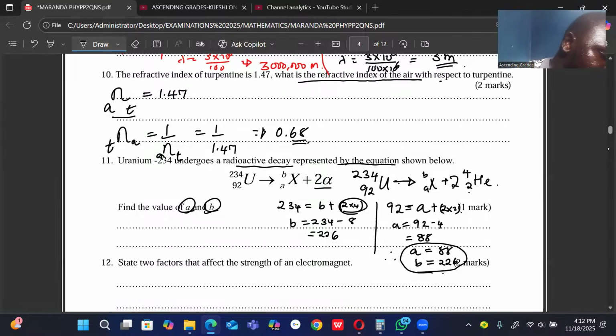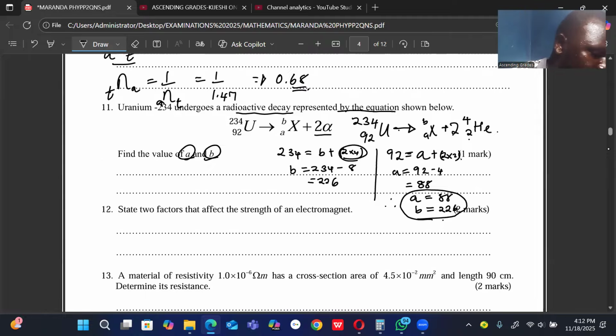State the factors that affect the strength of an electromagnet. We still have question 13, sorry.